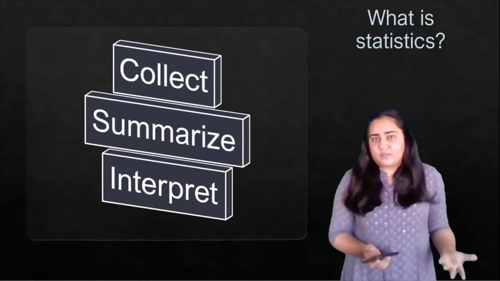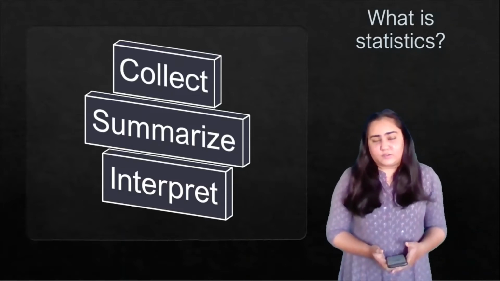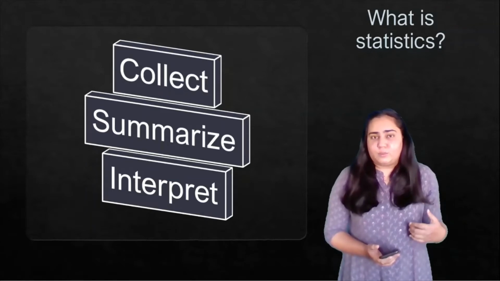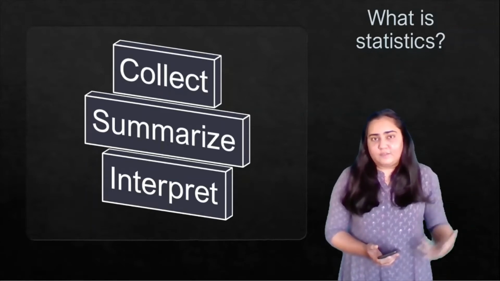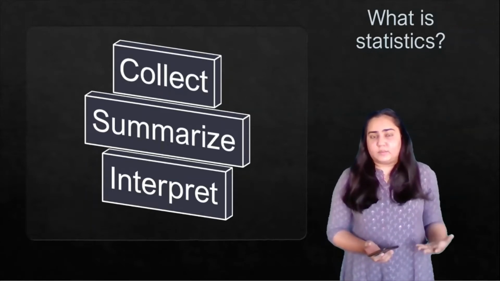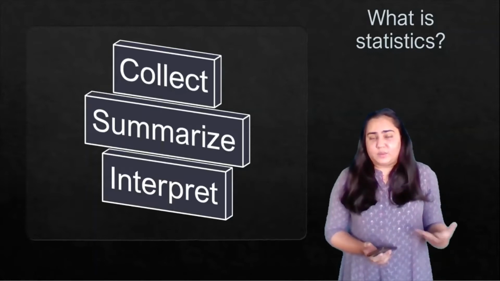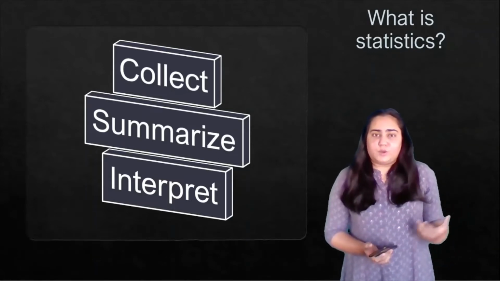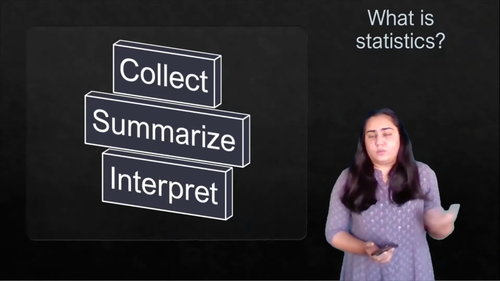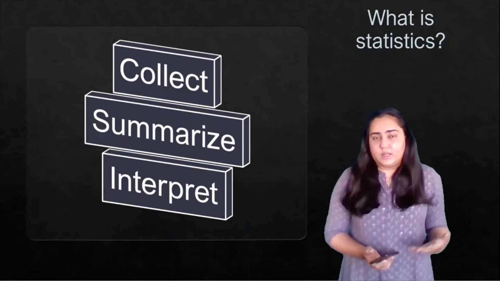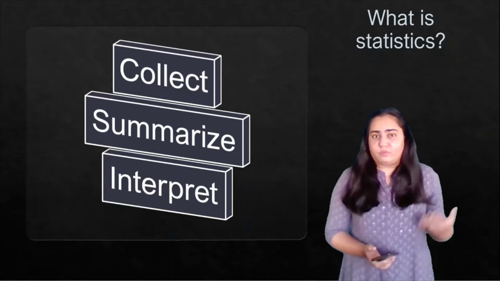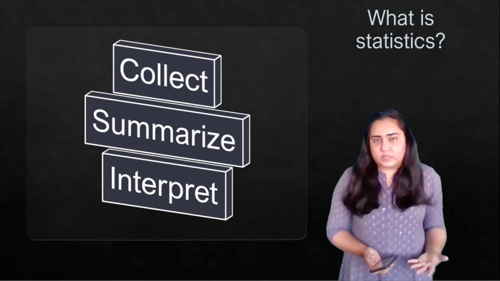Because I have 10,000 numbers, I cannot make sense of it. But if I were to apply a mean, I were to take average of those numbers, then I get some summary and some information. And if I were to apply a median or mode function, I can get to know more about the data. I can understand the data now.